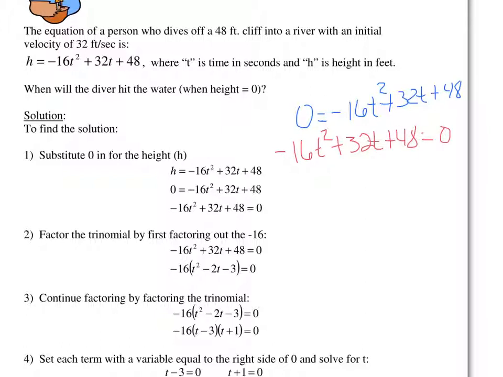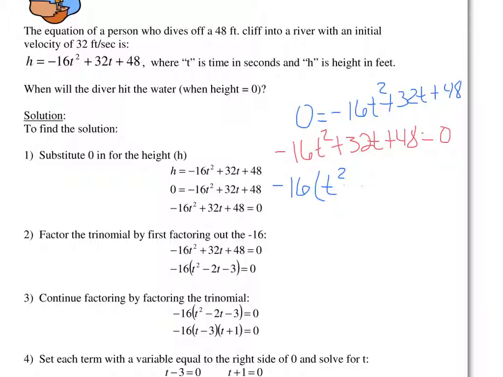And then the next step is to factor the trinomial. Well, this trinomial first has a GCF of 16. All of these terms are divisible by 16, and we're going to get the negative off. So we're going to first factor out a negative 16. That will leave us with t squared plus 2t. That's not a plus, it should be a minus, because we factored out a negative sign.